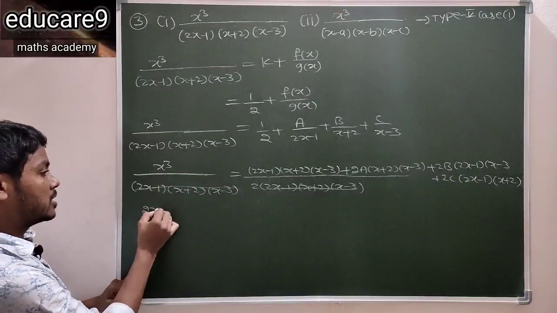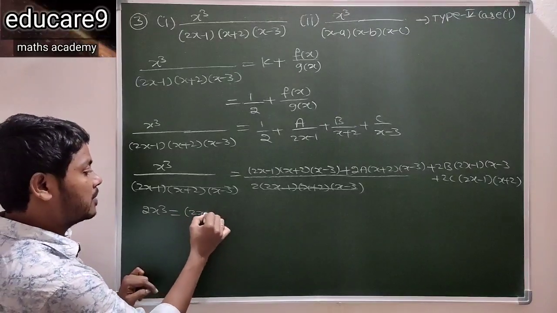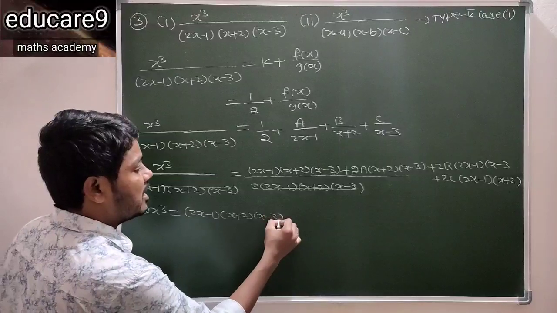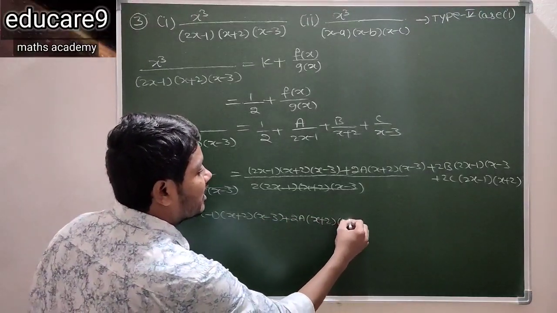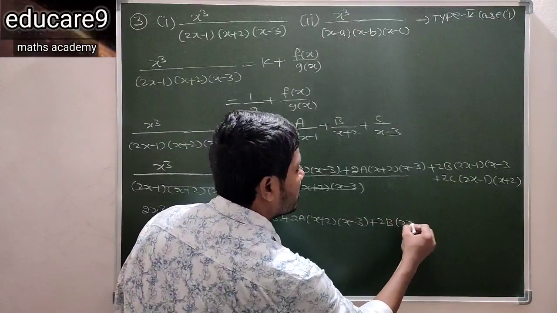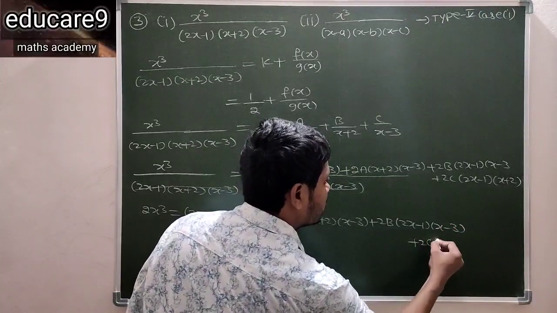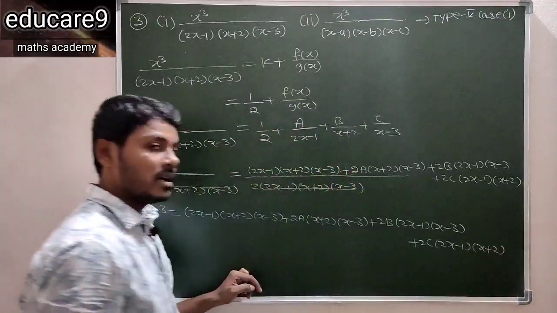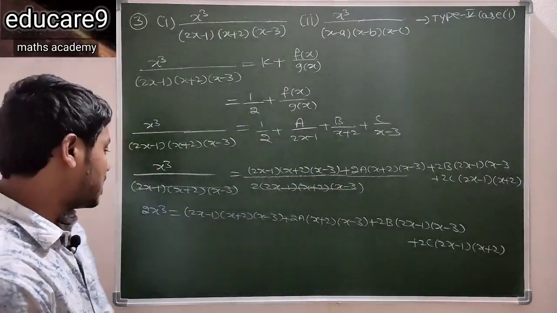So 2x cube is equal to (2x minus 1)(x plus 2)(x minus 3) plus 2a into (x plus 2)(x minus 3) plus 2b into (2x minus 1)(x minus 3) plus 2c into (2x minus 1)(x plus 2). Here we need to find the values of a, b, c.